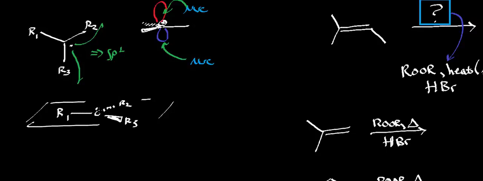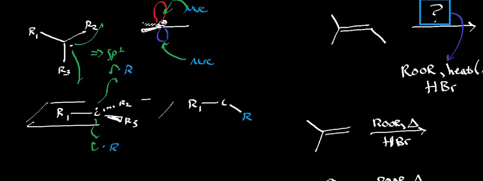Now, essentially, let's suppose that I have a radical on the top, right? Well, when this couples, this could couple with the one on the top, or it could couple with the one on the bottom, with approximately equal likelihood. So that means what I get is something like this. Here's the central carbon. That R group is down there.